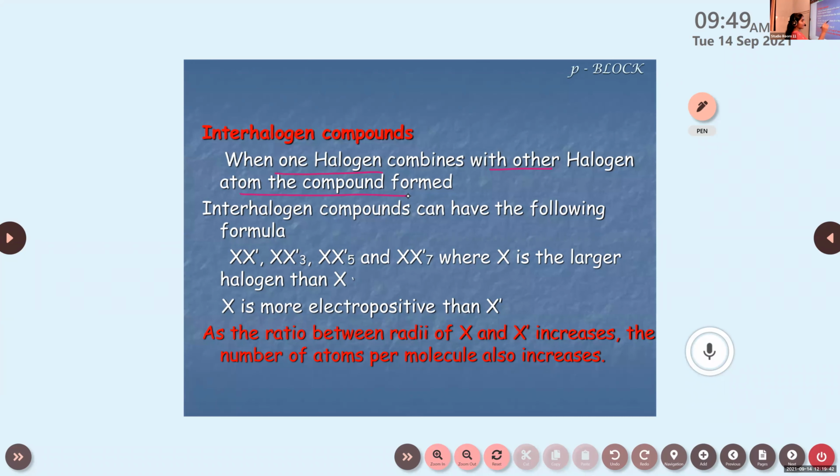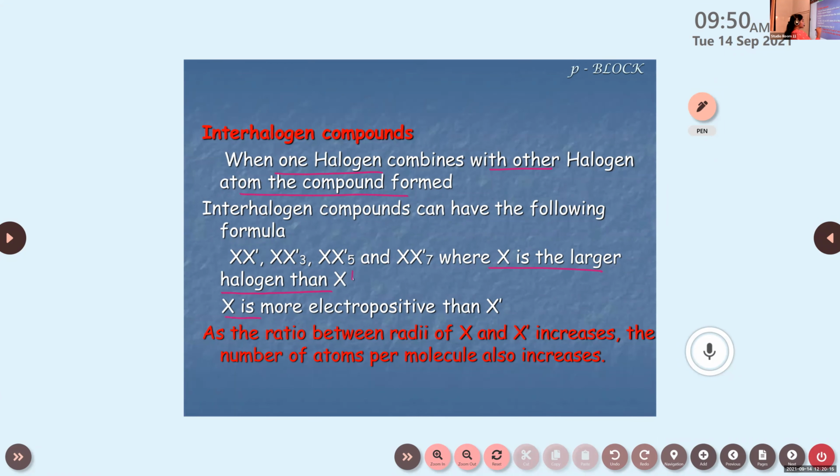Here, capital X is the larger halogen atom than X'. So there are two atoms, right, X and X'. Always X is the larger halogen atom than X'. Clear, children?